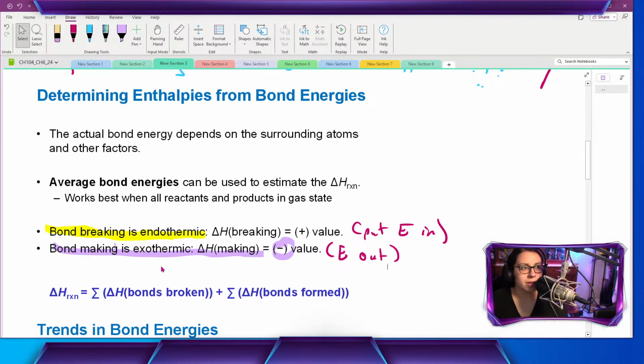An exothermic process would feel hot. Energy would be released in the form of heat, could be light, but mainly heat. So exothermic means heat. It means this negative value, but you also will feel the heat from the reaction. And that's the heat of that change in enthalpy.